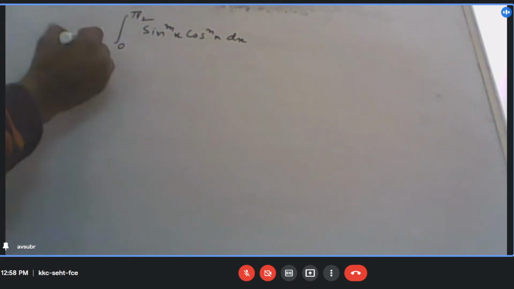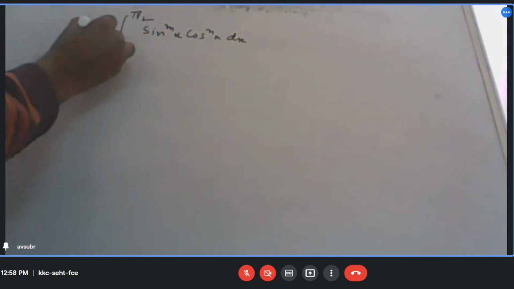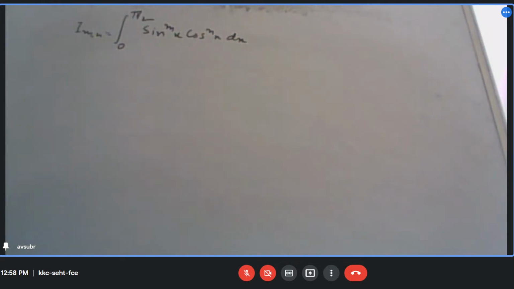So let us consider that this is I. Now let us use form 1, although you can use other forms also, there is no harm in doing that. But let us take the first form.